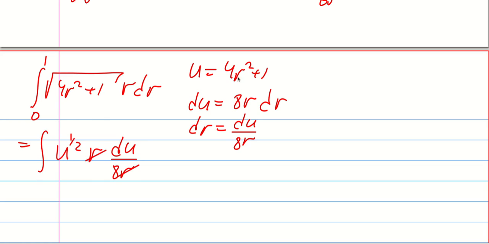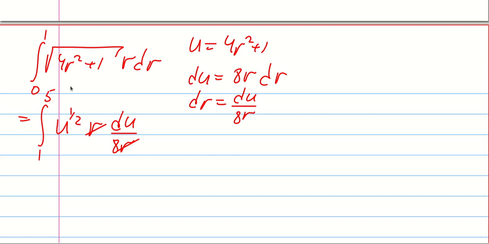If we take 0 and plug it in over here, 0 plus 1 will be 1. If we plug in 1, we're going to get 5, because 1 squared is 1, 4 plus 1 is 5. So we calculate, and we're going to get u to the 3/2 over 3/2, which is 2/3, evaluated from 1 through 5.